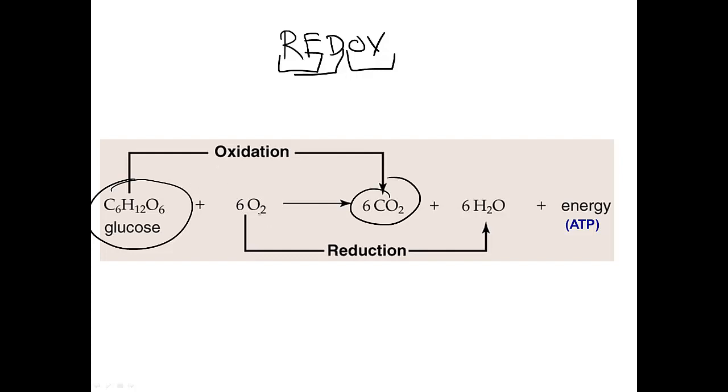Well, ultimately they will go to water. So another way of looking at this is glucose loses electrons, and along with that loses energy, and it puts those electrons into oxygen. And oxygen is the final electron acceptor in this overall process.